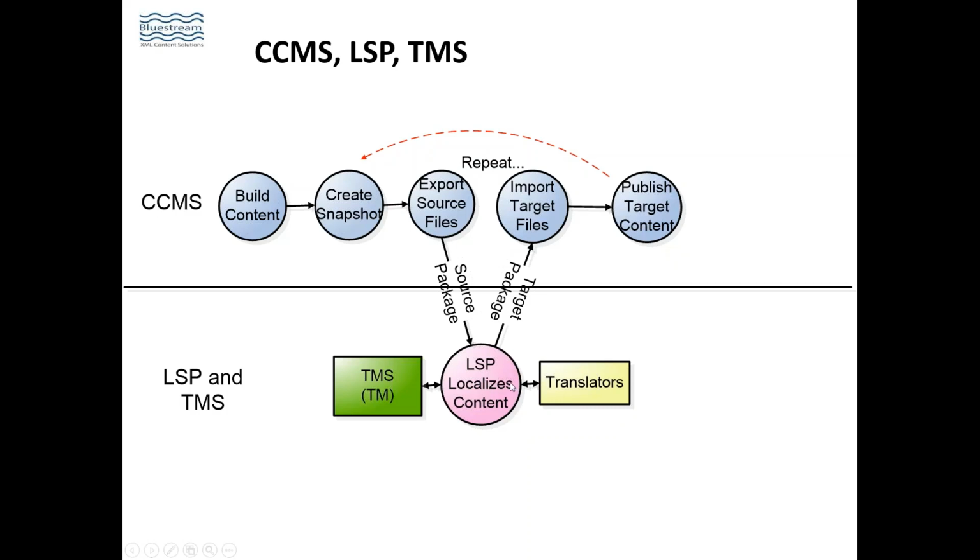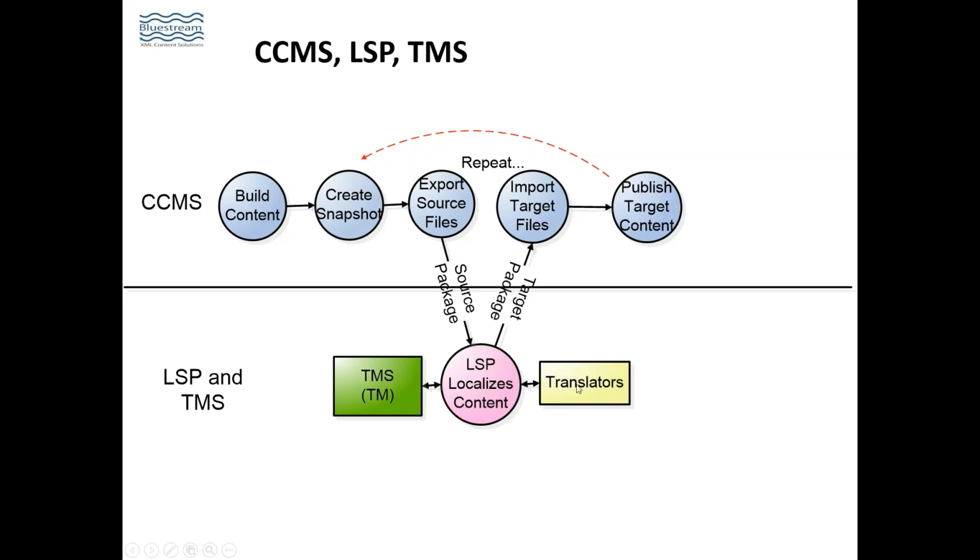The LSP will coordinate with their translators, and will also use something called a translation management system, which contains translation memory, and as such, it remembers translations that have been done, and we'll get into that.